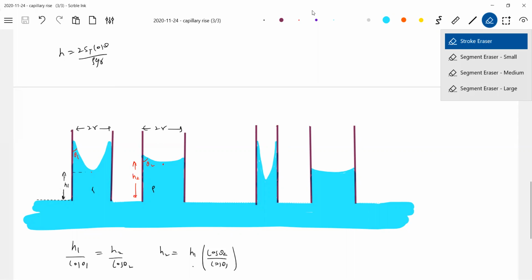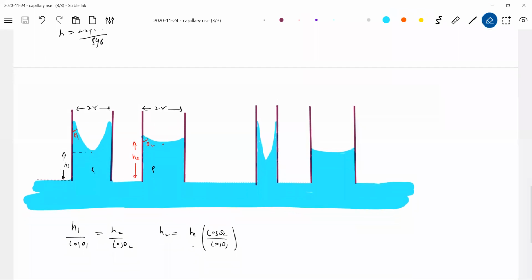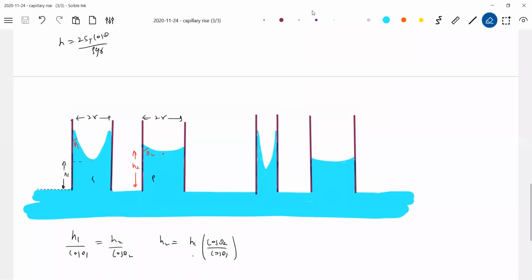In the diagram, H2 more than H1 is appearing. Okay, let it be, no problem. There's a formula I'm trying to bring. Okay, now let's come to this one.